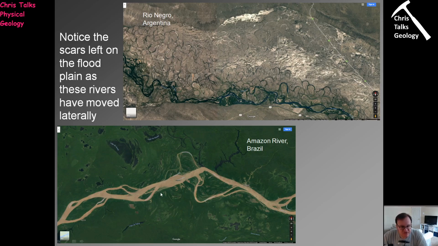It's a bit more difficult to see because obviously it's so heavily forested, but you can see these sweeping shapes in the vegetation here. These are the old meanders, once again showing you the river's been migrating backwards and forwards across its floodplain. So meandering rivers will move laterally across their floodplain. They will not erode downwards because they don't have enough energy.